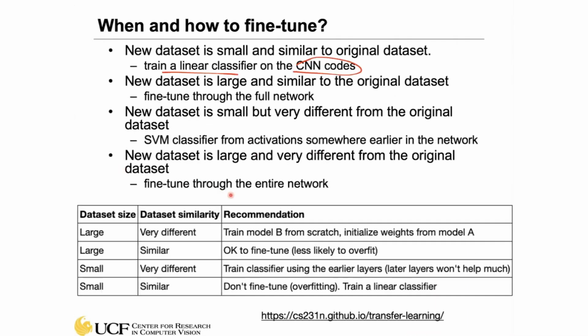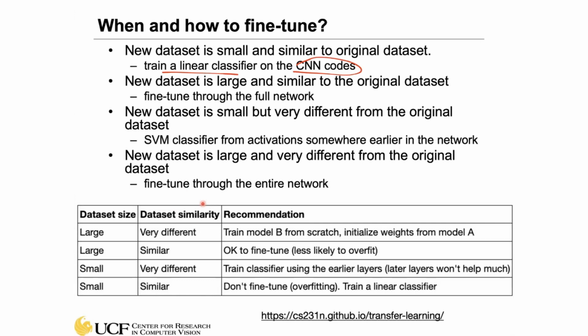So here are a few rules of thumb you can follow based on the data set at hand. Let's still use the ImageNet pre-trained model as an example, because that is the most widely used pre-trained model, probably used in a lot of applications, either classification or object detection.